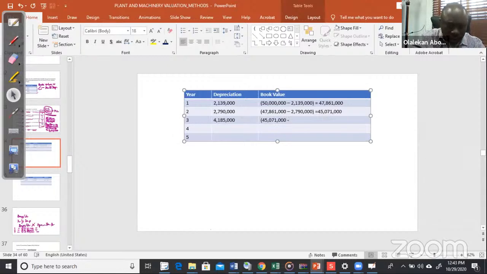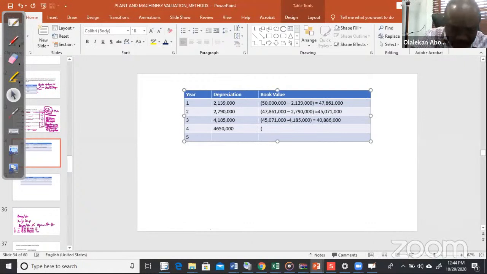Minus 4,185,000, so what do we have? 40,886,000. Then for the 4th year, what's the calculation? 4,650,000. Now your book value as before.